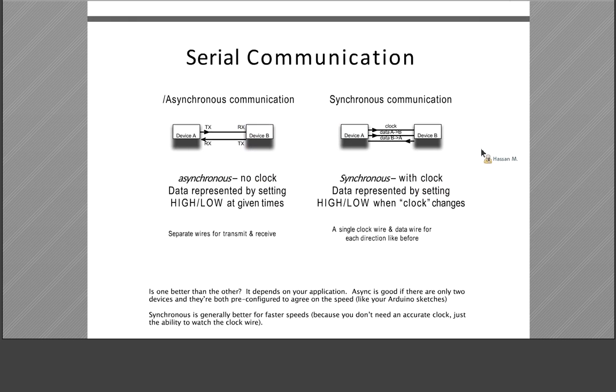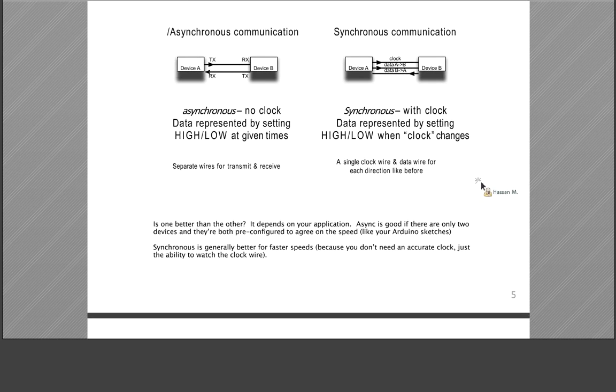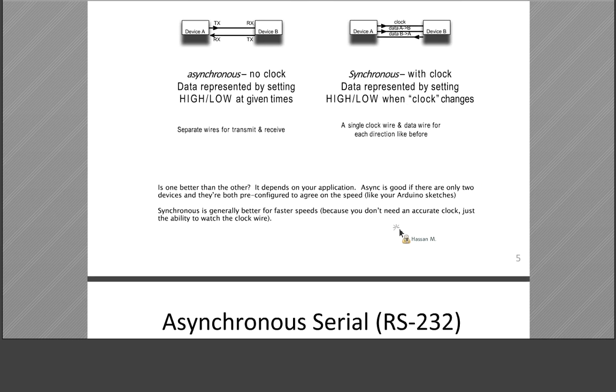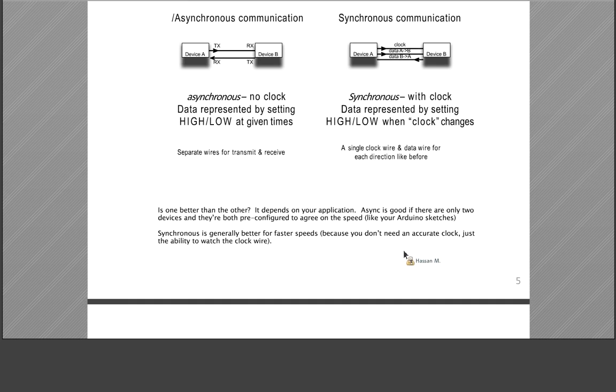But in synchronous we have another pin named clock, so at least 3 wires. One of them is the clock, another from device A to device B, and another from device B to device A. This is the difference between synchronous and asynchronous.